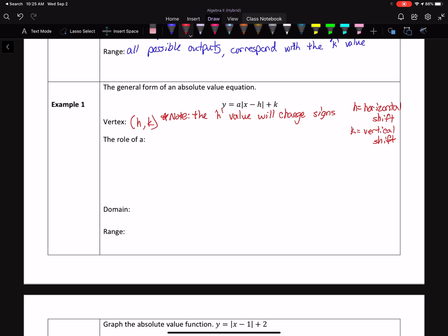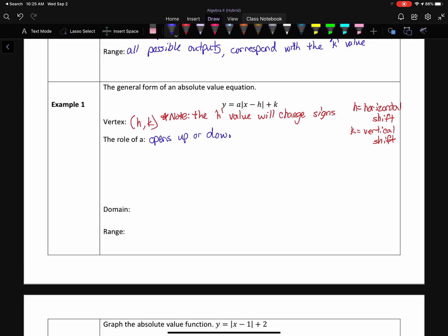So let's talk about now the a value. This little number out front, what is that going to do? Just like parabolas, if you remember doing that, the role of a is whether it opens up or down.